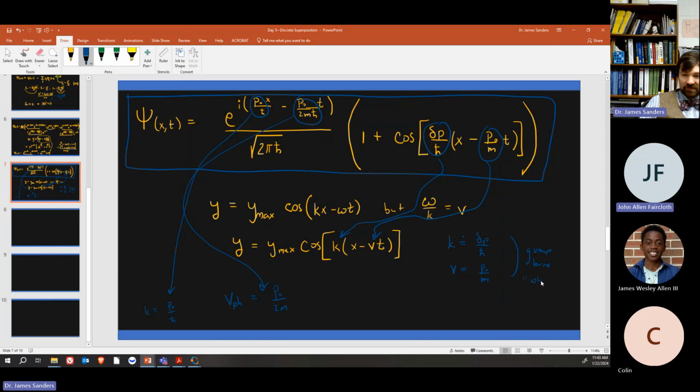Dr. Sanders. Yeah. For the phase velocity, is that supposed to be p naught squared up here? No, it's not.